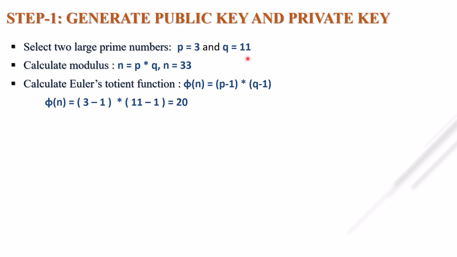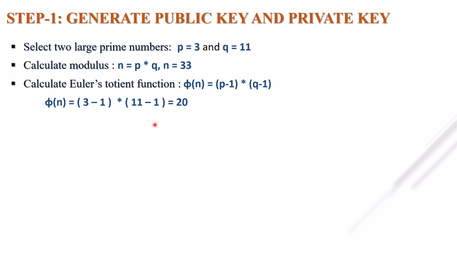Okay, now we have to select E. What is the criteria for selecting E? E must be greater than 1 and less than totient function of N, and it must be relatively prime to totient function of N. So if I select 2, the common factor is 2, not 1, between 2 and 20.